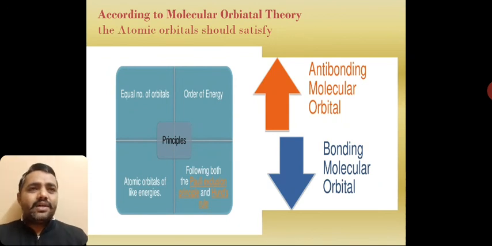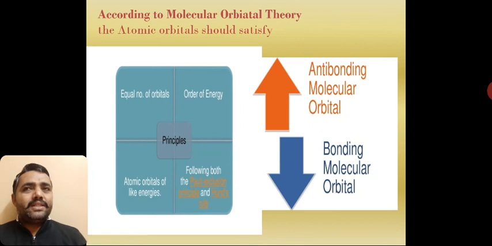Another slide, according to molecular orbital theory, the atomic orbitals should satisfy some conditions. The first is matching symmetry, meaning you can take a 1s orbital overlapping with a 1s orbital because both have the same symmetry.